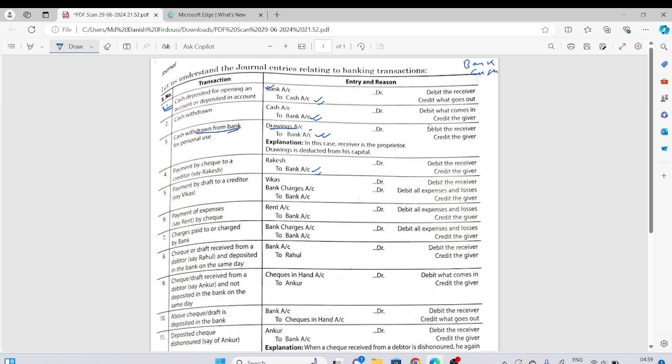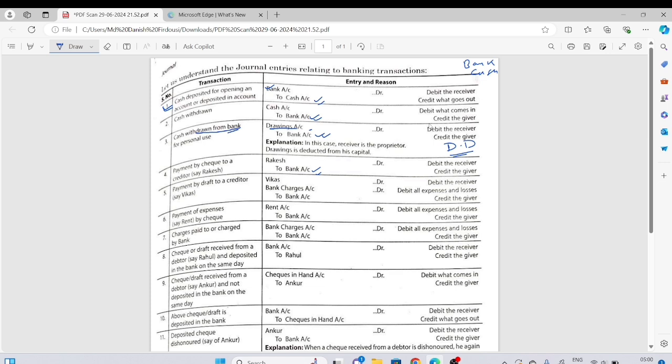Now payment by draft to a creditor. If you pay any creditor by bank draft, it means the bank will also charge a few amounts. Suppose you go for higher education, then your university or college will demand a DD, demand draft. They will demand your payment of fees through the demand draft.